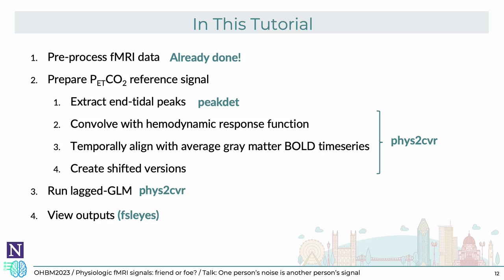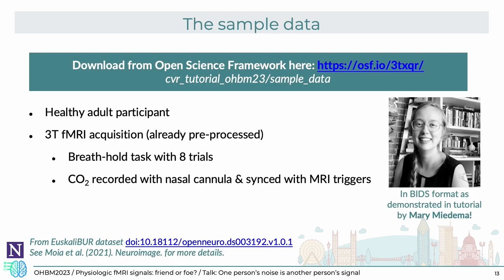They completed 8 cycles of a breath hold task, while CO2 was recorded with a nasal cannula, and an fMRI scan was acquired. See the README file in the folder for more details, and the information below about the EXCALIBUR dataset, where this comes from, and the paper describing the acquisition and analysis methods.